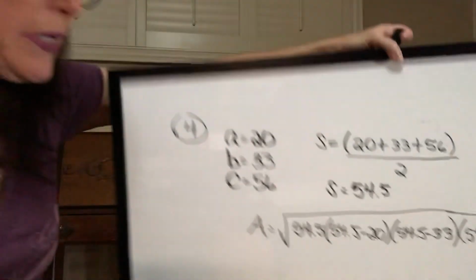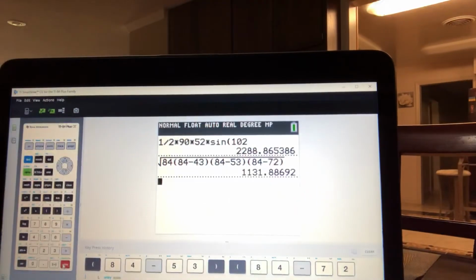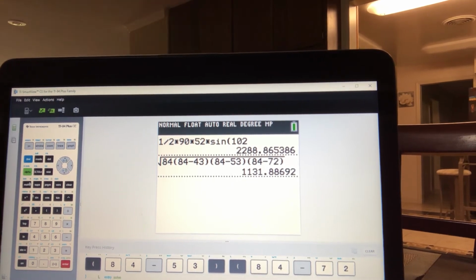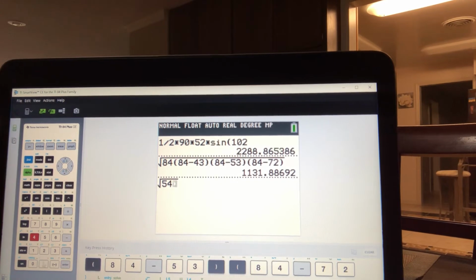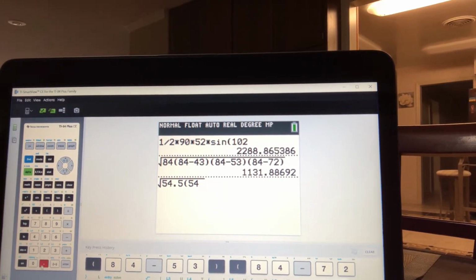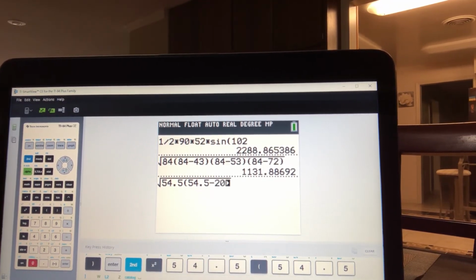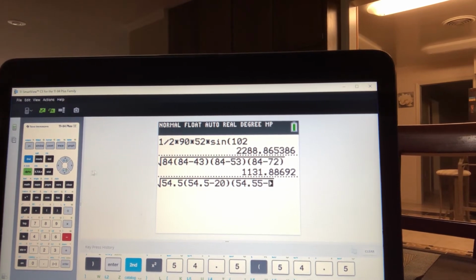So I'm going to do this one because it actually turns out slightly different than the other one that we just did. So let me go over here just one more time and let's see what we got. So square root symbol, 54.5 times 54.5 minus, what were they, 20 is one of them. 54.5 minus, oops, gotta back up here.